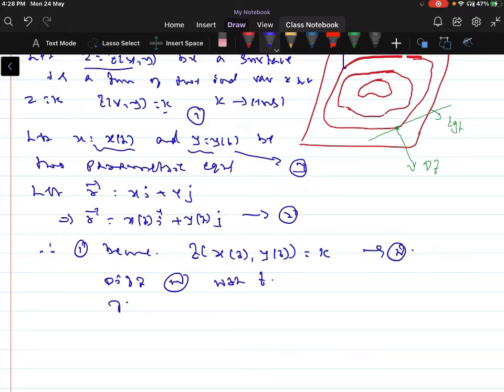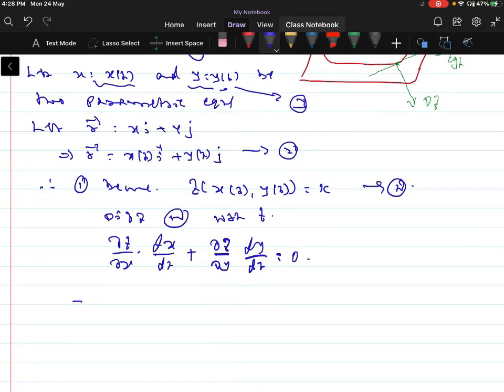So dou f by dou x into dx by dt, plus dou f by dou y into dy by dt is equal to the derivative of k. Since k is a constant, its derivative is 0.